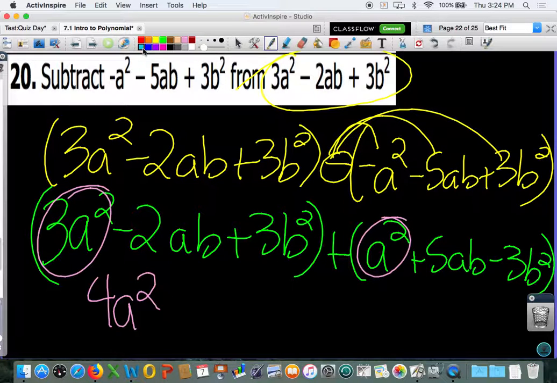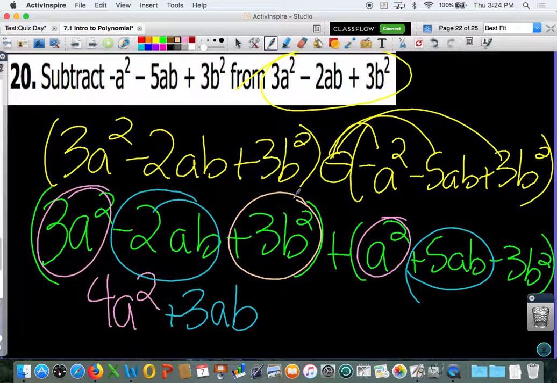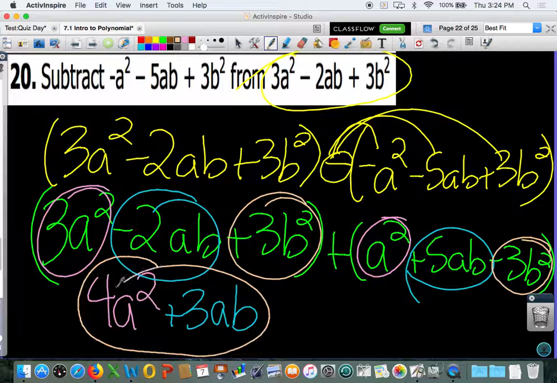I've got negative 2ab plus 5ab is 3ab. I have to pay attention to 3b squared minus 3b squared. Well, that means there's no more b squared. They cancel out. So it's just going to be 4a squared plus 3ab.